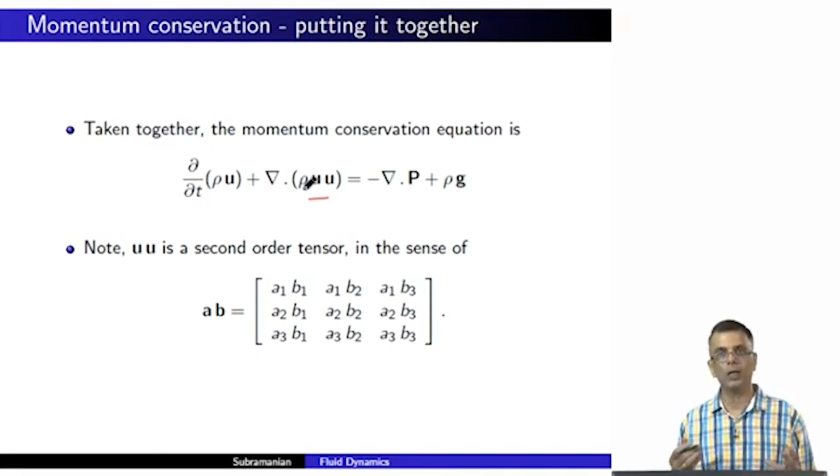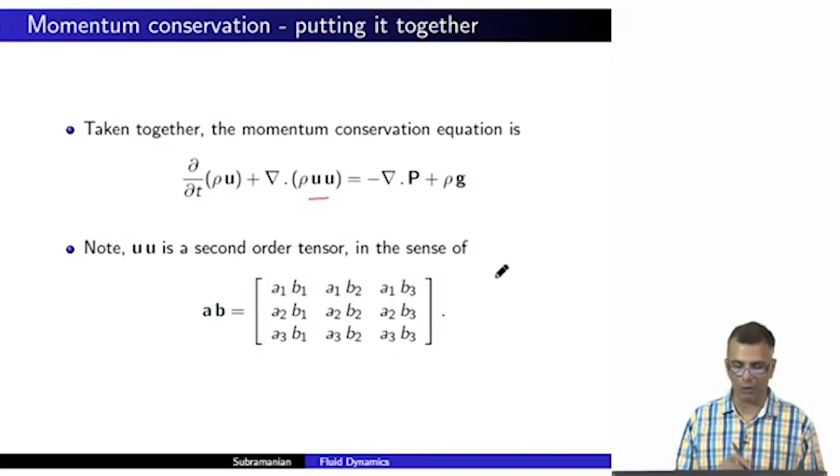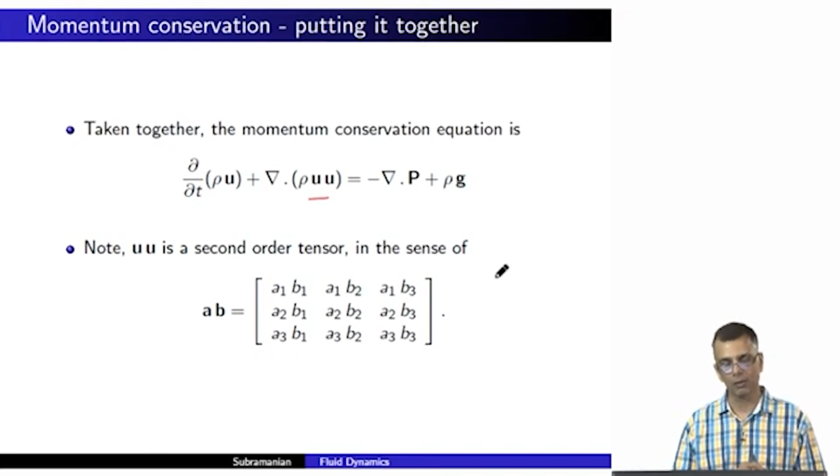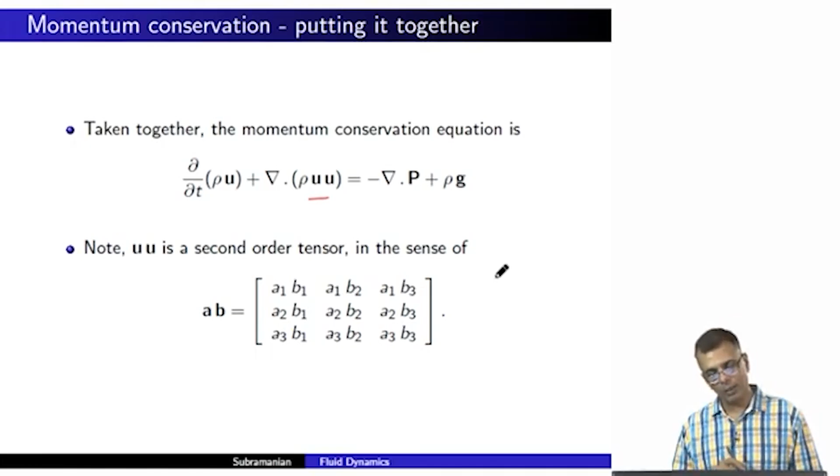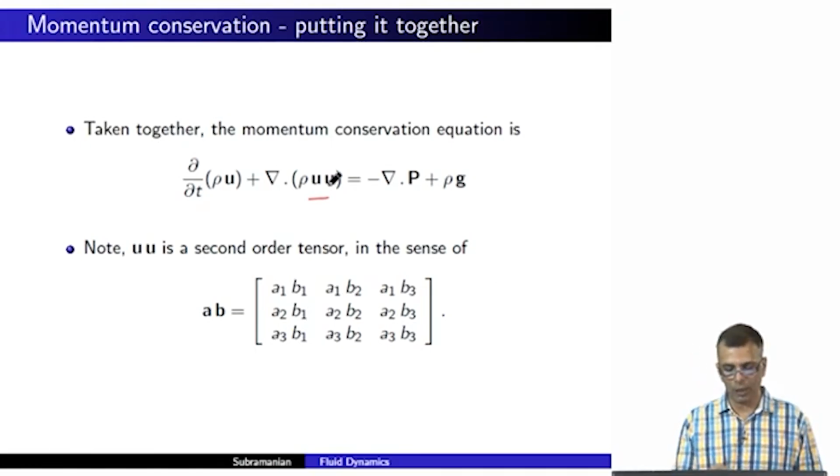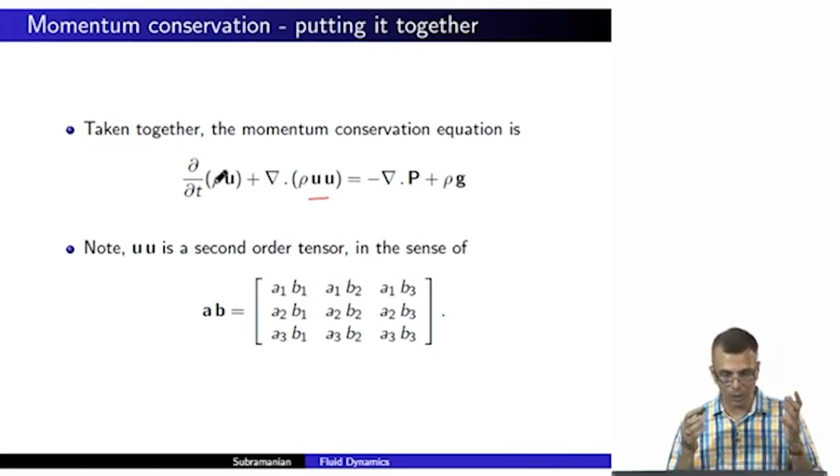If you're wondering what an outer product is, well, this is an outer product. Okay. Now, does this look familiar? If you did not have this pesky UU here, and if you only had the rho here and the rho u here, and of course the right hand side would be 0, this would just be the mass continuity equation. This is the momentum continuity equation, right.